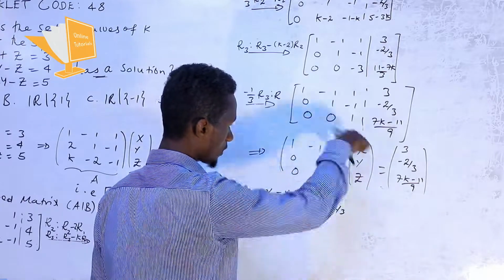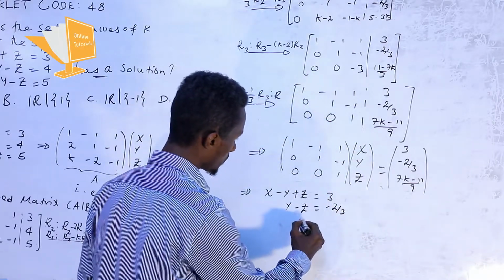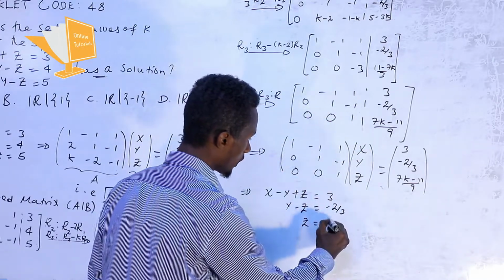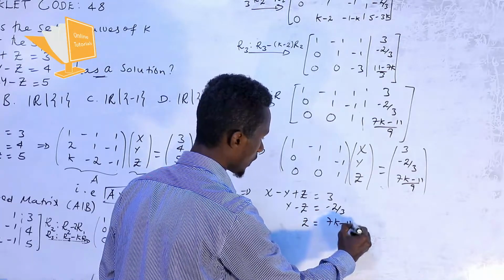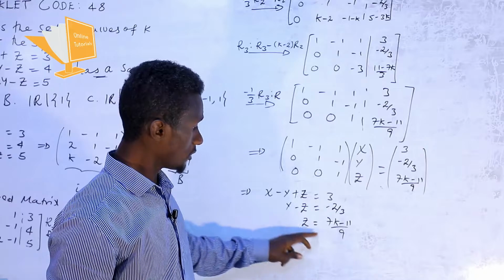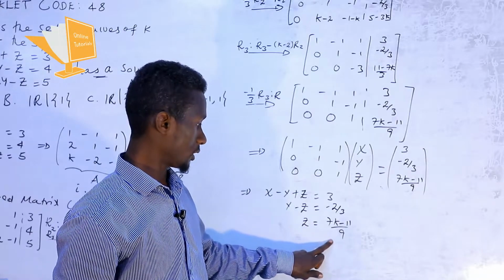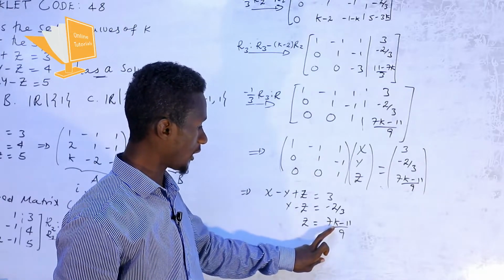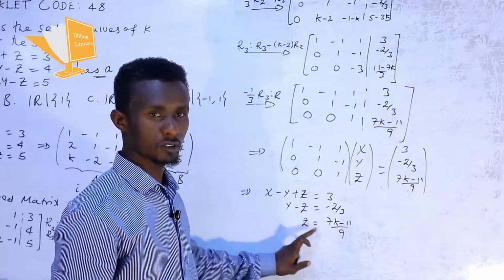When you multiply the third row ደግሞ ስናባዛ ምን ይሰጠናል? z, which is equal to (7k minus 11) over 9 ይሰጠናል ማለት ነው. አሁን እነዚህ የዚህን ቫልዩ አገኘን.